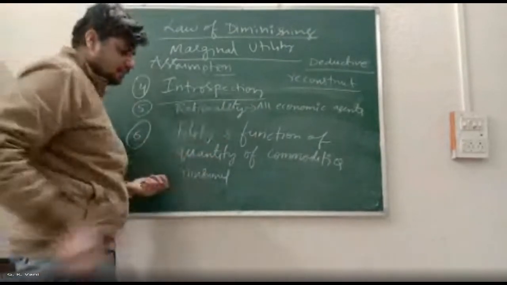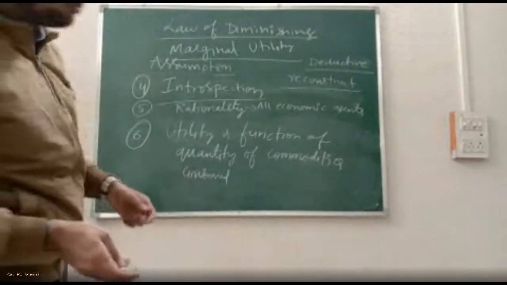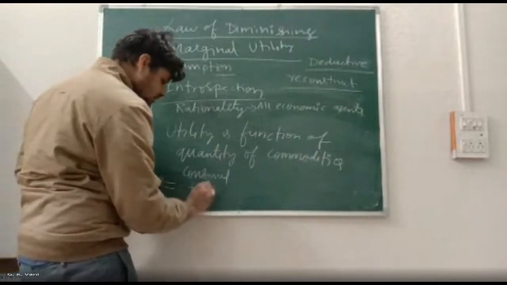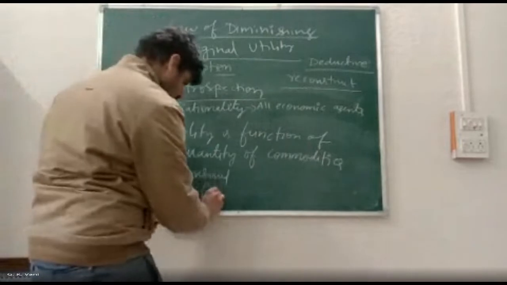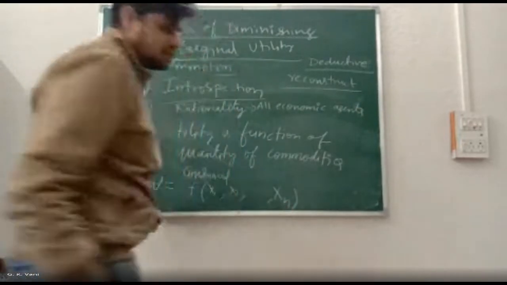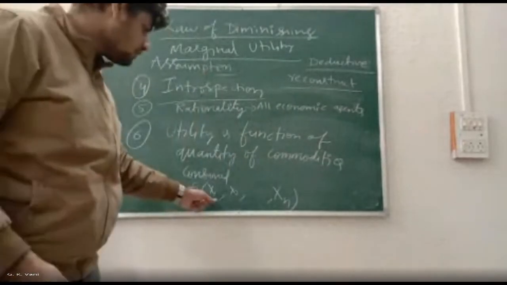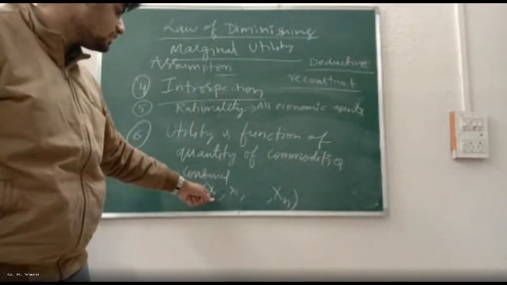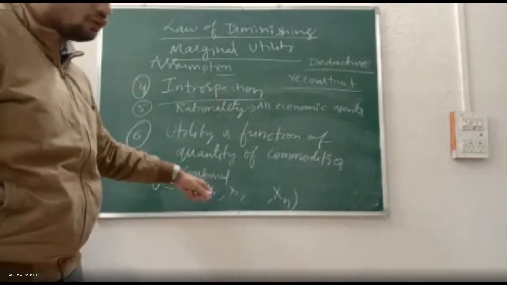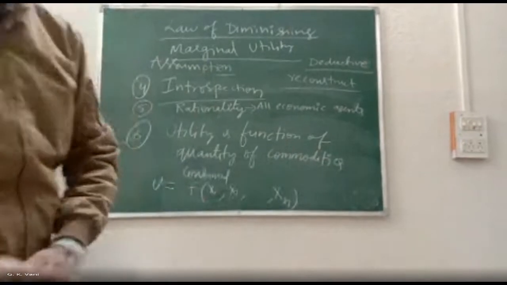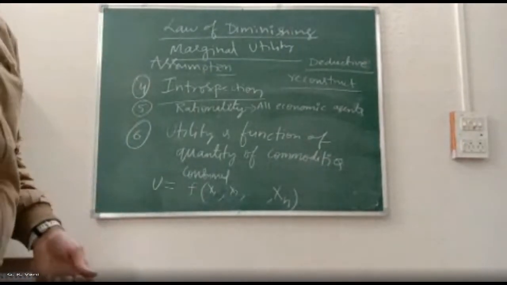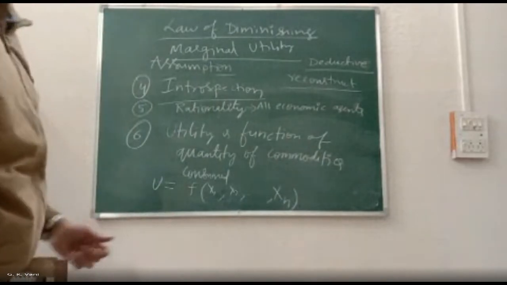So if there are, let's say, n number of commodities, and their quantities can be written as x1, x2 and so on up to xn, then utility U is a function of x1, x2, up to xn. This is in general; I have not written a specific functional form.